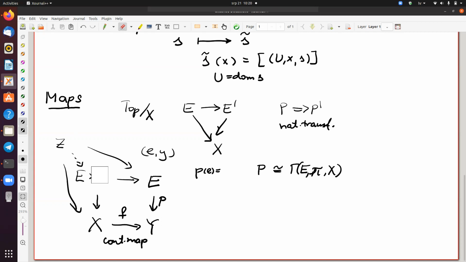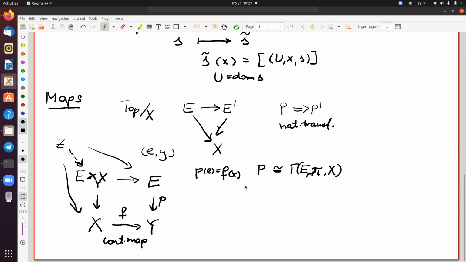I'm doing it wrong. E cross over Y of X. And so P of E is the same as F of X. Well, now this is the general construction of a pullback.